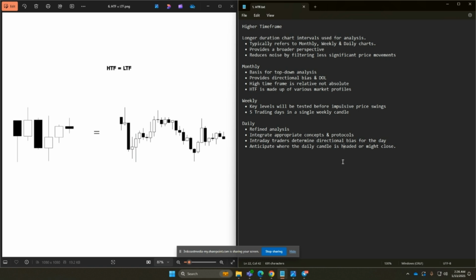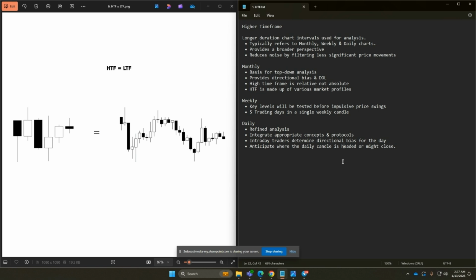For right now, I want to go ahead and discuss higher time frames. So actually looking at a chart and seeing things from the top down. That's what it means when we look from a higher time frame.